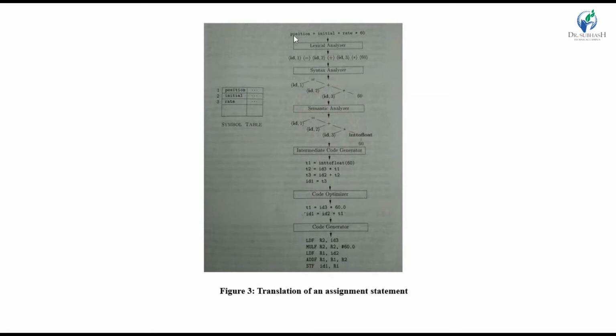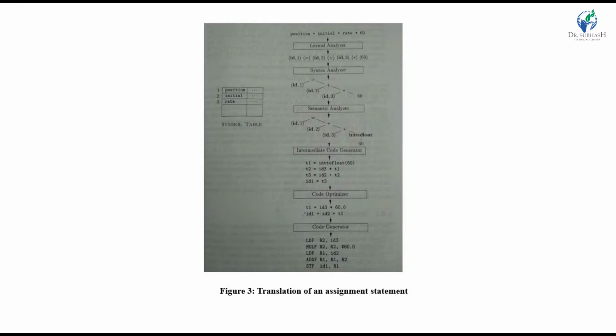So the source program is passed to the lexical analyzer. It generates the token stream, which is passed to the syntax analyzer, which generates the syntax tree, passed to the semantic analyzer, which generates the annotated parse tree. It is passed to the intermediate code generator, which generates the 3 address code.